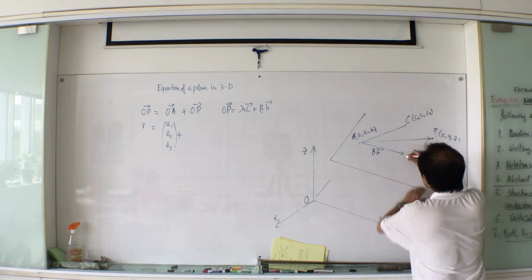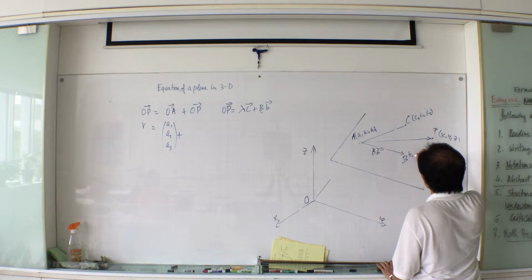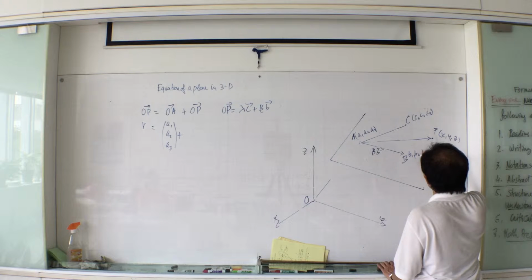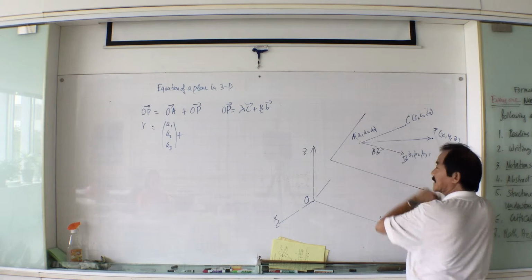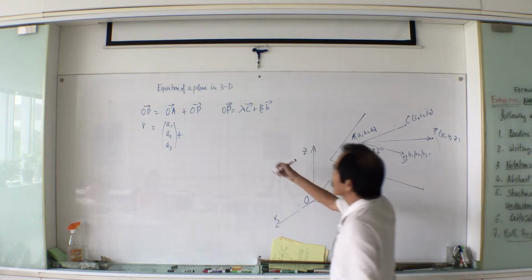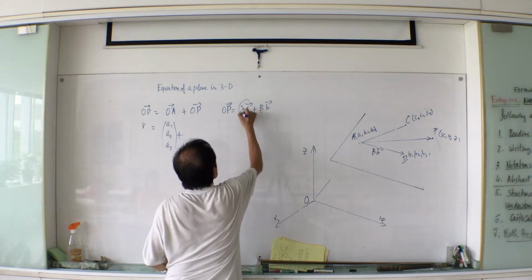So the vector here is the point B here, B1, B2, B3. But vector B here is not B1, B2, B3. It is B1 minus A1. You see that? So here is alpha.